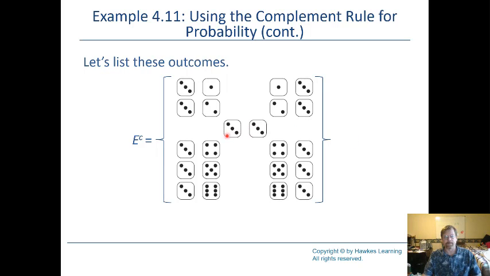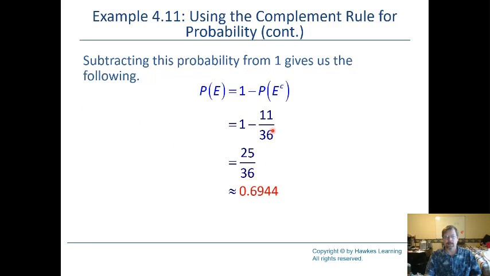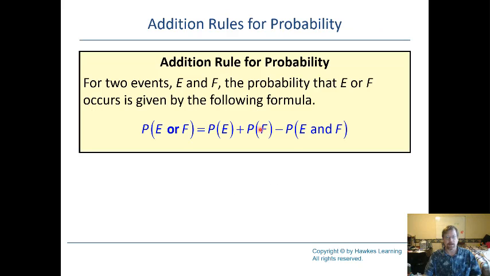Right here, this grouping is the probability that die 1 has a 3. This one is the probability that die 2 has a 3. We subtract 1 off for this so that we're only counting it once. And that is all we're doing right here. We're subtracting off what we would otherwise double count.